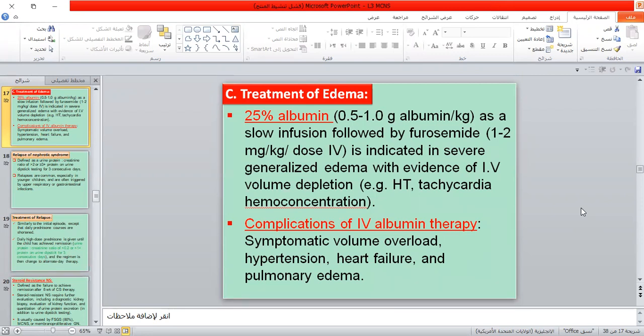Lasix is indicated in severe generalized edema with evidence of intravascular volume depletion, for example hypertension, tachycardia, and hemoconcentration. Albumin has complications, which are symptomatic volume overload, hypertension, heart failure, and pulmonary edema, because it pulls fluid from the extravascular to the intravascular compartment. Therefore, as soon as you give the albumin, you immediately give the diuretic so that it removes the fluid drawn from the interstitial compartment, and you avoid these complications.